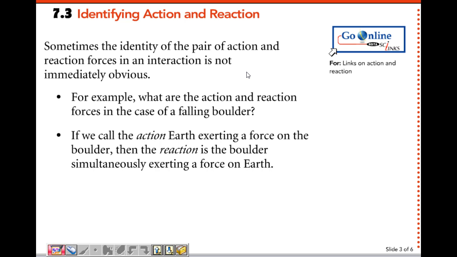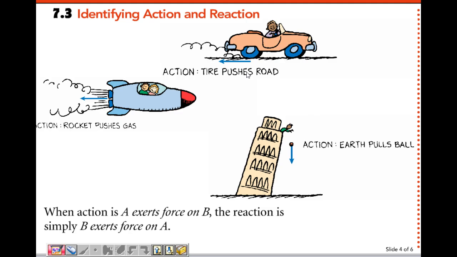That force due to gravity is the action force, Earth pulling on the boulder. And the reaction is simultaneously that the boulder exerts a force back on the Earth, which we don't think about too much, but when the Earth pulls the boulder toward itself, the boulder also pulls the Earth toward itself just a little bit.